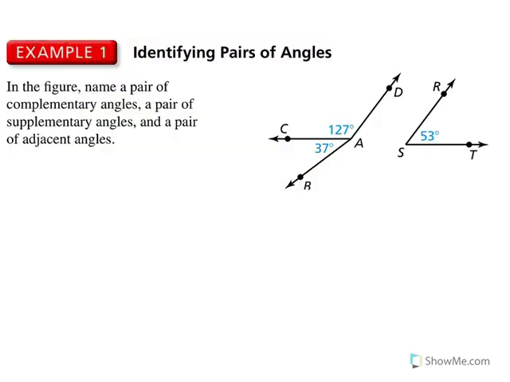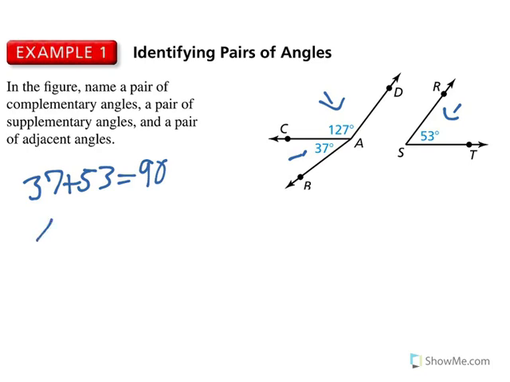In this first example, we want to first name a pair of complementary angles. Complementary, we would say it adds up to be 90 degrees. If I look at these, I have one that's 127, I have this 37, and I have 53. I would think this 37 and 53. If I add that up, 37 plus 53 does give me 90. So those angles would be complementary of each other.